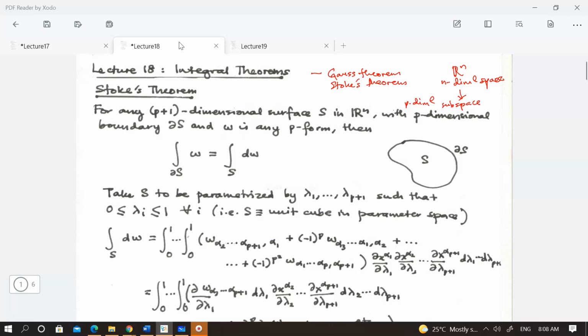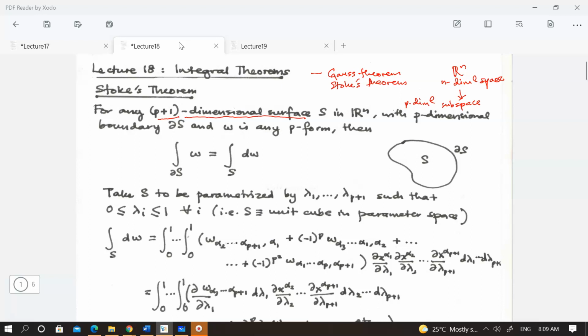The integral that you need in this particular case will involve some kind of P differential form. In this case, we are considering the case of a surface which is one dimension higher. So in other words, the true thing that you should be looking at is a P plus 1 form, but you are given a P form.